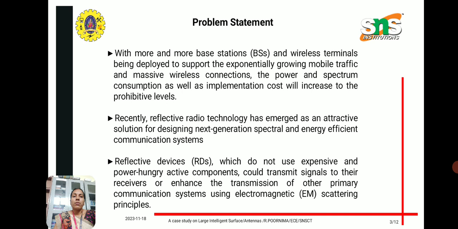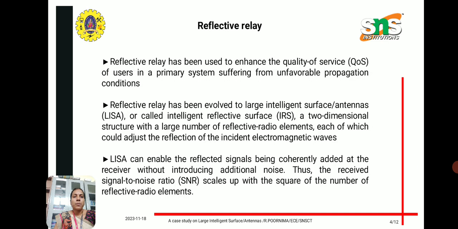So recently, reflective radio technology has emerged as a solution for next generation communication systems to make spectral and energy efficient systems, and reflective devices use very low power active components, and also transmit the signal to receivers with electromagnetic scattering principles.